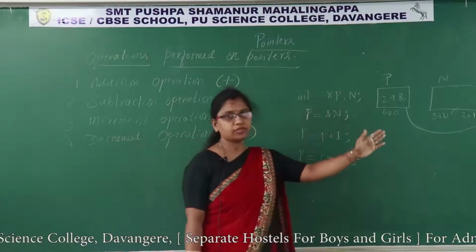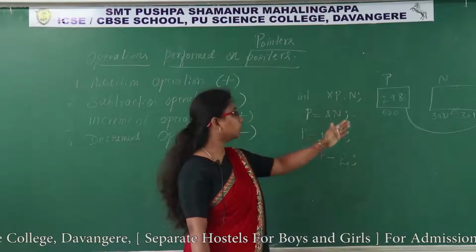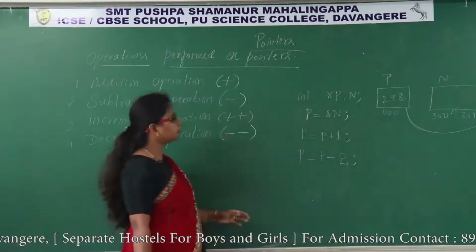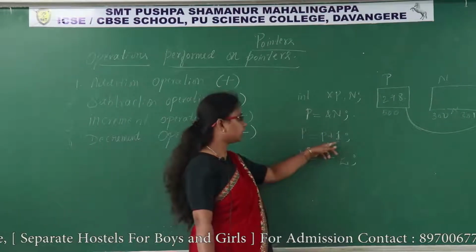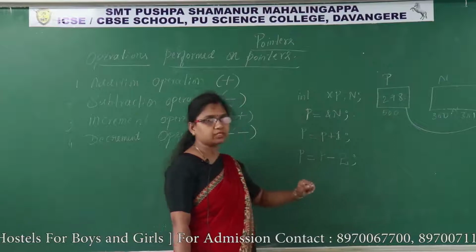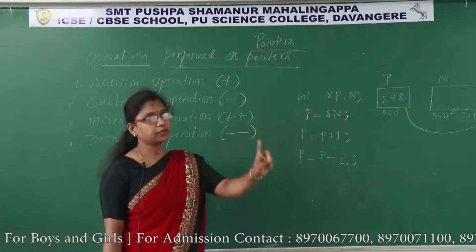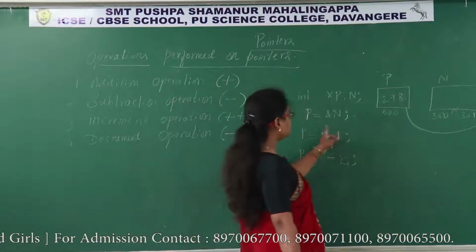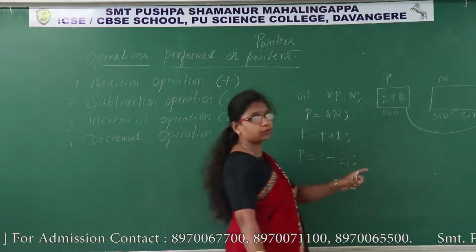What was the address of n? 300. 300 will be stored in p. So I add 1 to this pointer, p = p + 1. What does it mean? That pointer will be incremented one time.